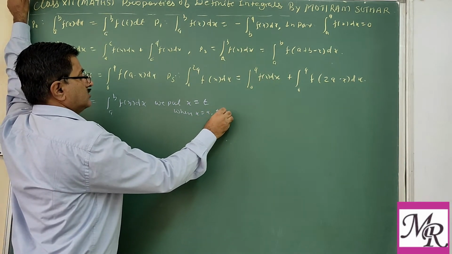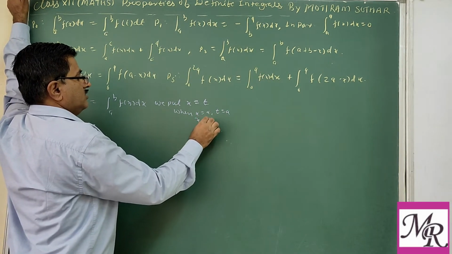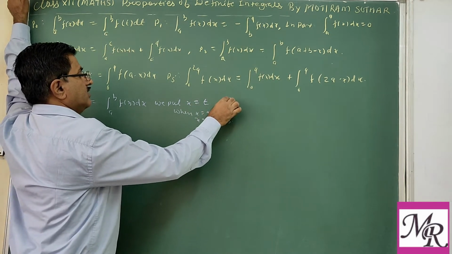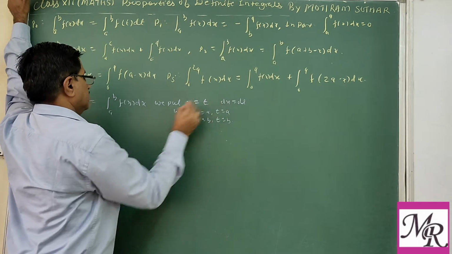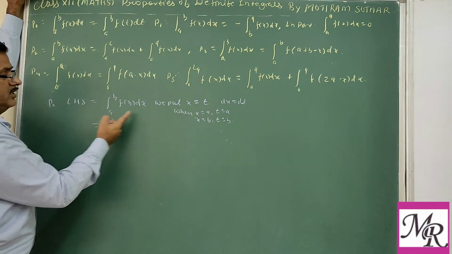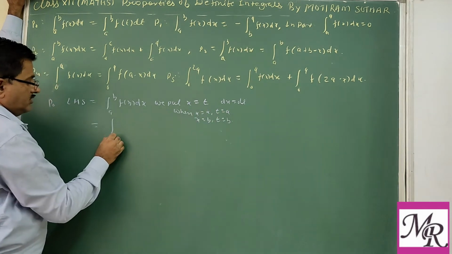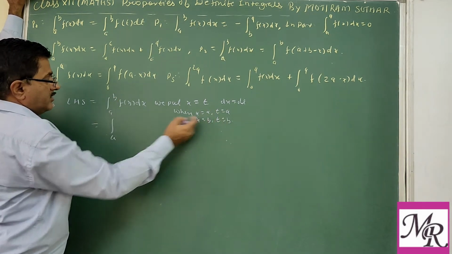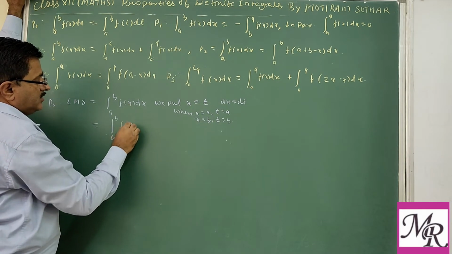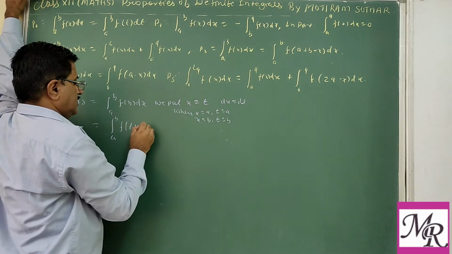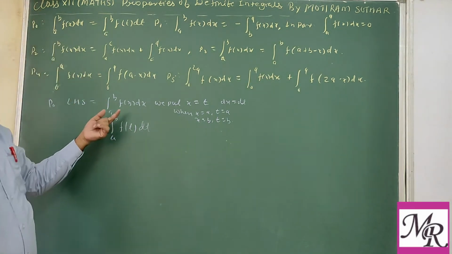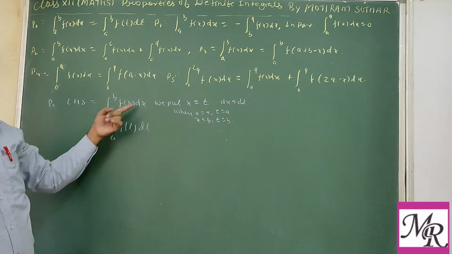When x equals a, then t is also a, x equals b, then t is also b, and if you differentiate then dx equals dt. So now this integral will convert after substitution. We put x as t, also dx as dt. So directly we can say here the variable may be any.